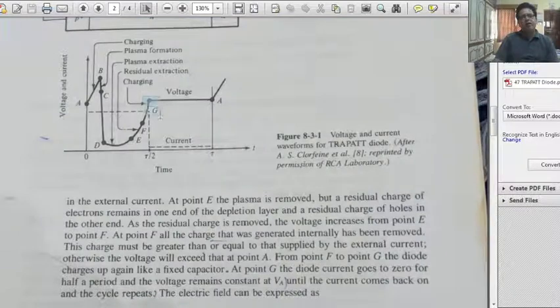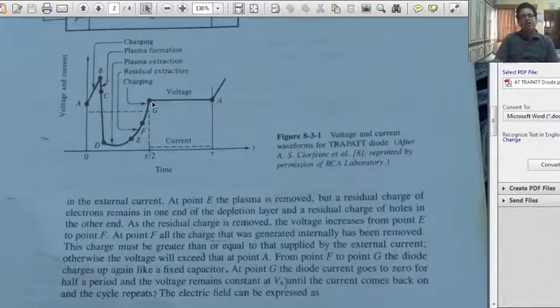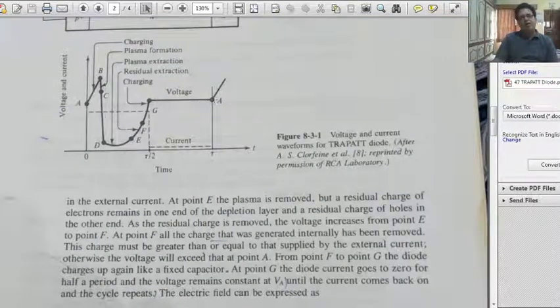F to Z, that is G, is charging. After a constant, it becomes a slight linear increase from point A.